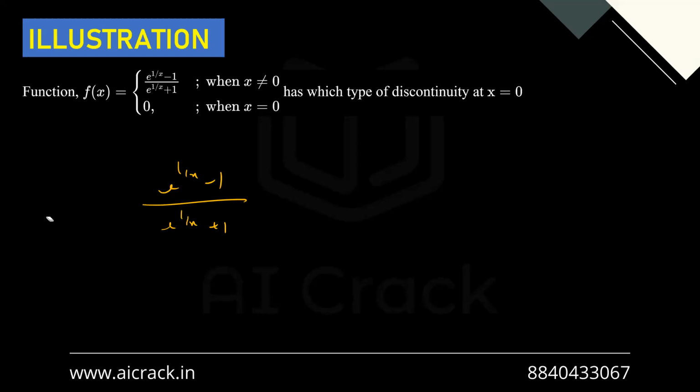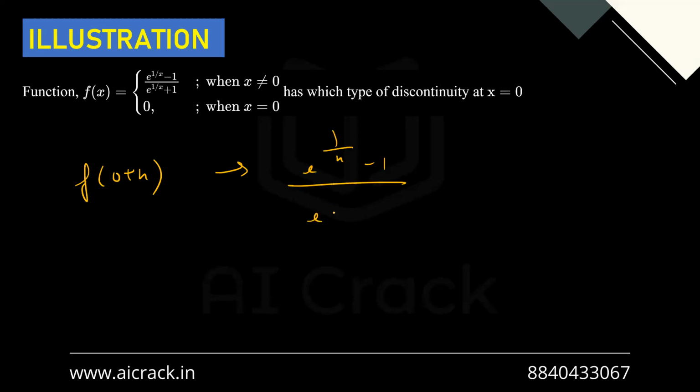Okay, let's find out the right hand limit first. What we'll be doing is f of 0 plus h. So that would give us e raised to the power 1 upon h minus 1 divided by e raised to the power 1 upon h plus 1.